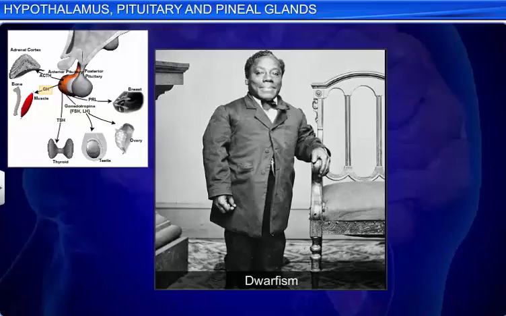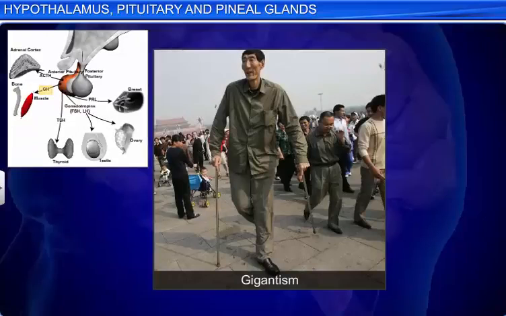Moreover, body proportions become childlike. Conversely, hypersecretion of the growth hormone during childhood causes gigantism, which leads to an abnormal increase in the length of the bones. Persons affected by gigantism have extraordinarily long limbs.